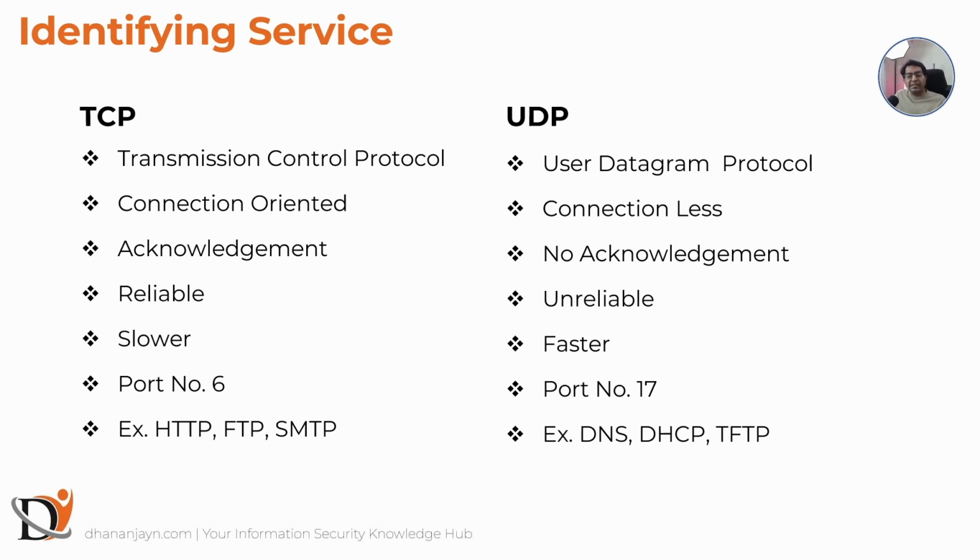Connectionless means I have sent some data, but I am not bothering whether the destination has received that data or not. It's a one-way communication where acknowledgements are not received from the recipient's end. So under TCP we receive acknowledgements, but when we use the UDP service, we do not receive any kind of acknowledgements.